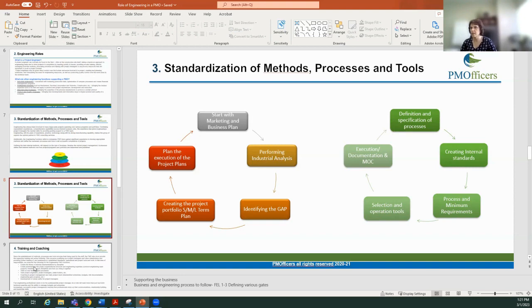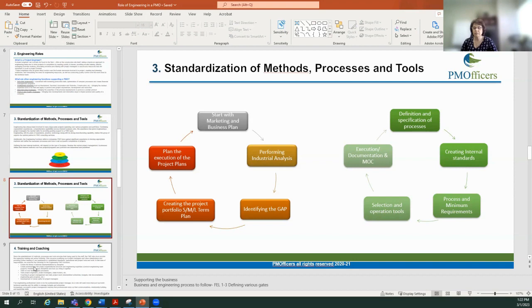What is the forecast? Then we have, as we spoke about industrial engineering, the performing of the industrial analysis. They will identify which projects are a priority with the biggest impact to the business and to the business's bottom line.